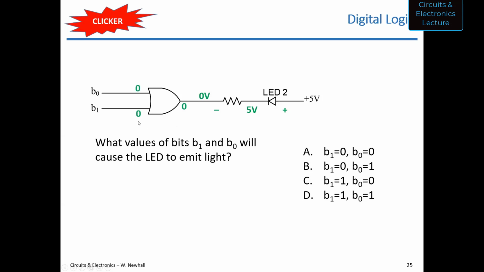And that means in order to have a 0 at the output of an OR gate, you need 2 zeros at the inputs. Okay, so that's the answer there. Any questions on that?